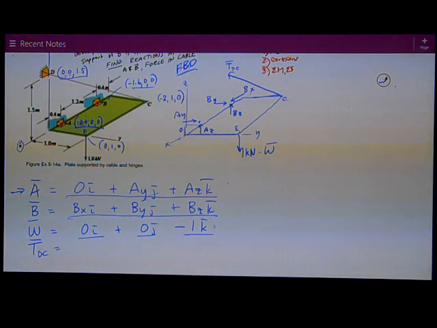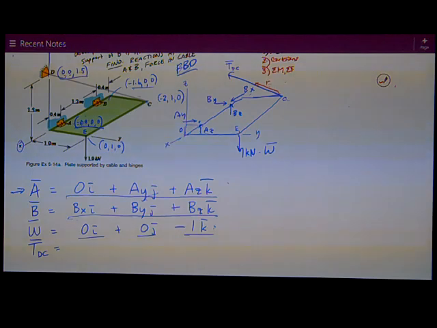Finally, the last force I have is the force in the cable. And so I'm going to have to deal with getting that in its components. So I need a unit vector in that direction from C to D. What I really need is a position vector first from C to D, like this.